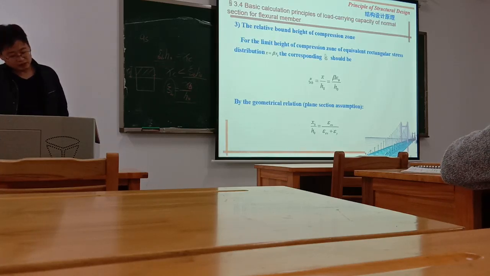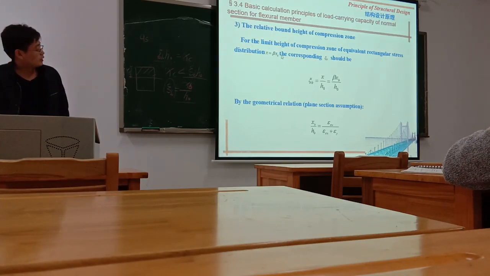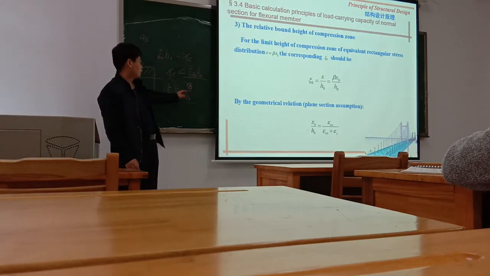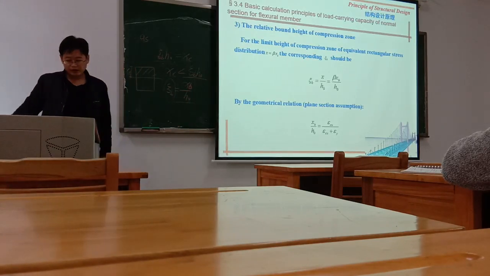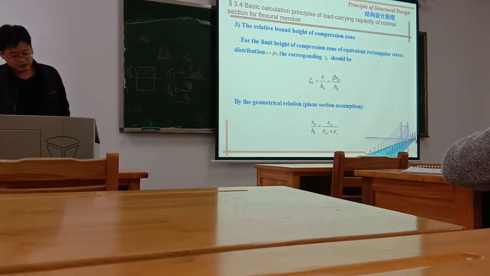For the limit height of the compression zone, with the equivalent rectangular stress distribution, x equals xb. Then Kc B equals x divided by h0, where x is the height of the equivalent rectangular block, so equals beta xb divided by h0.